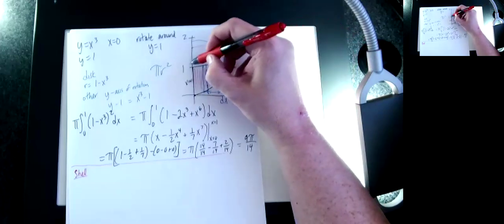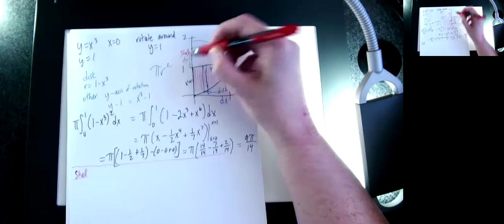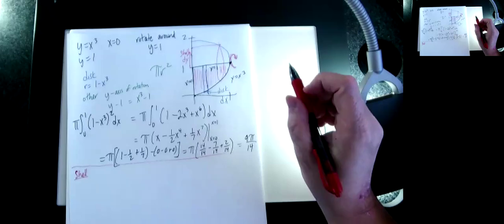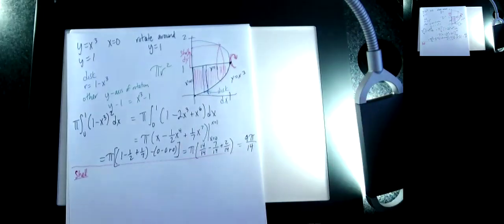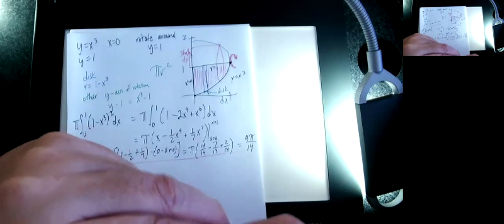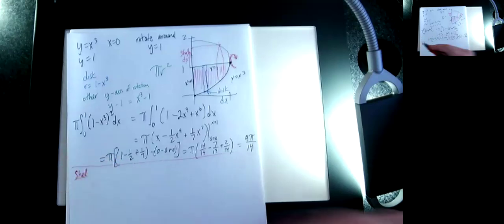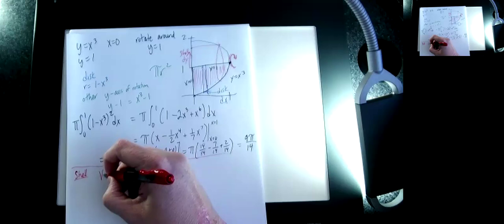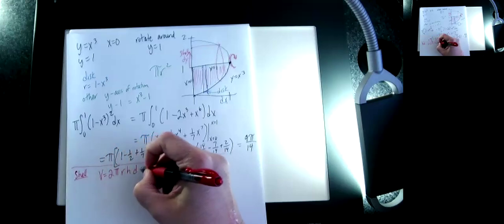And so now on the shell method, we're doing dy. So remember, our volume is going to be 2 pi R H dr.